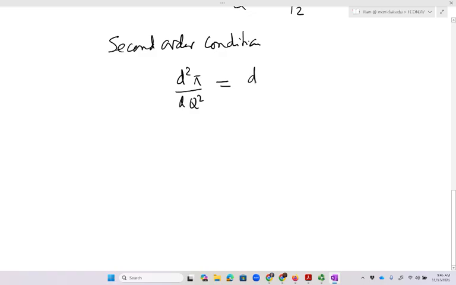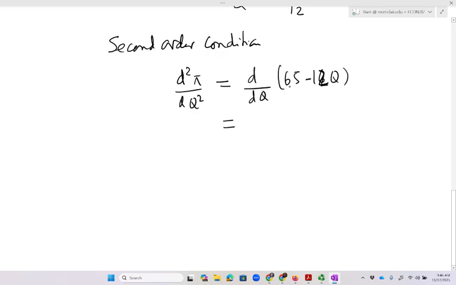Now, to see whether we obtain a maximum value of profit or a minimum value of profit, I will apply the second order condition. So I take the derivative of the profit with respect to Q again, which is taking the derivative of 65 minus 12Q, not 6Q, 12Q.